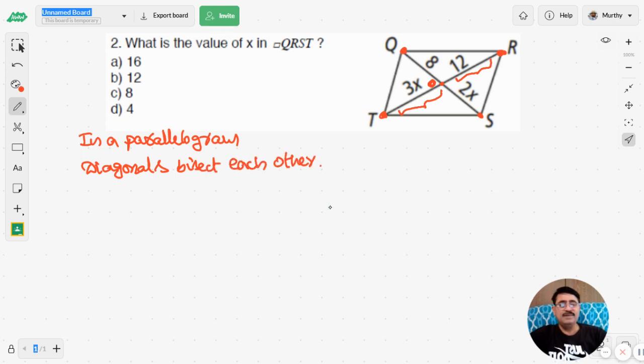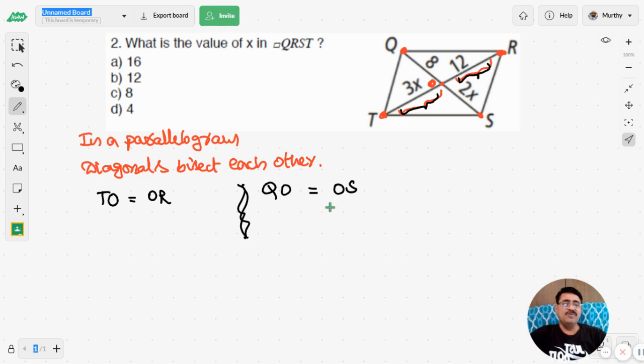Therefore, diagonals bisect each other means TO equals OR, which means this piece equals this one. Bisection means two equal halves. The other diagonal, if you take QS, QO equals OS.